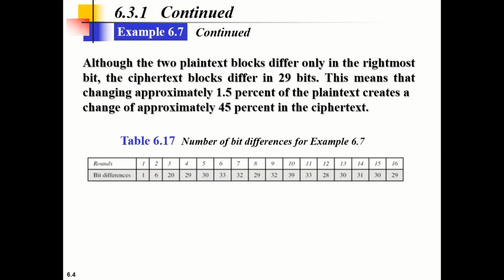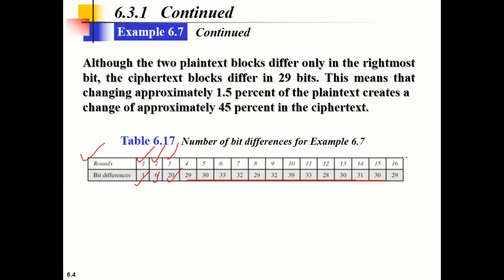So that is about avalanche, and there is one more thing that this table tells you, that is how many bits are changed in each round of the DES. Here we can see that in round 1 there is only 1 bit difference, in round 2 there is 6 bit difference, and in round 3 there is a difference in 20 bits, and so on.